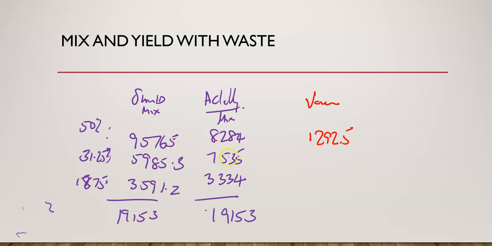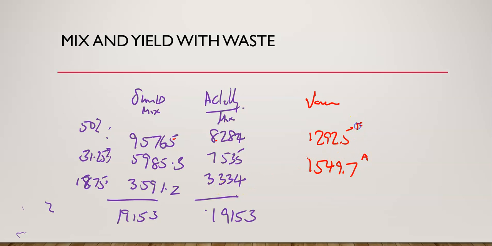For the second, you used more than you should have, so 7535 minus 5985.3 gives you 1549.7, and this one is adverse.